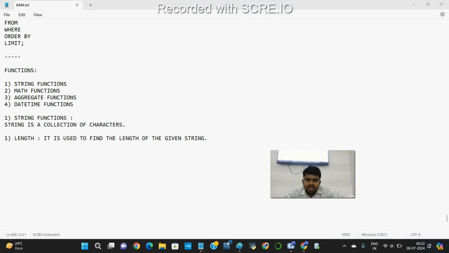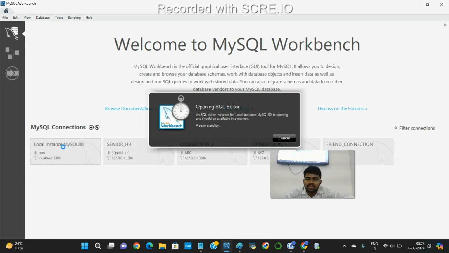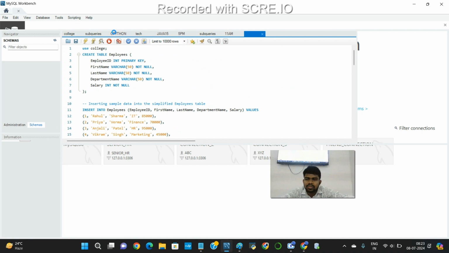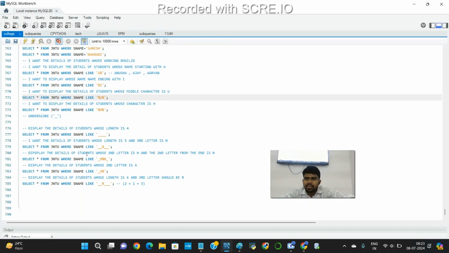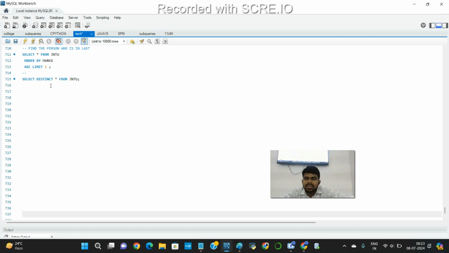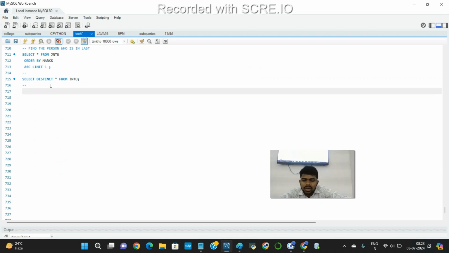So let's execute practically instead of discussing at theory level. This is my SQL Workbench. Let's use the database. No need to use the database because strings do not deal with tables, right?